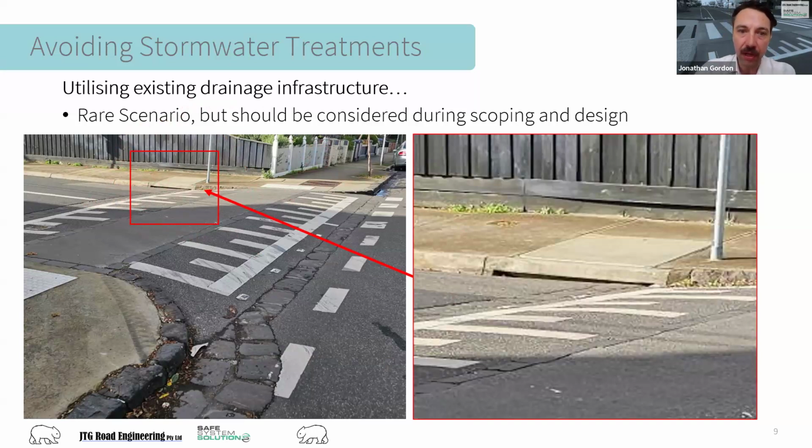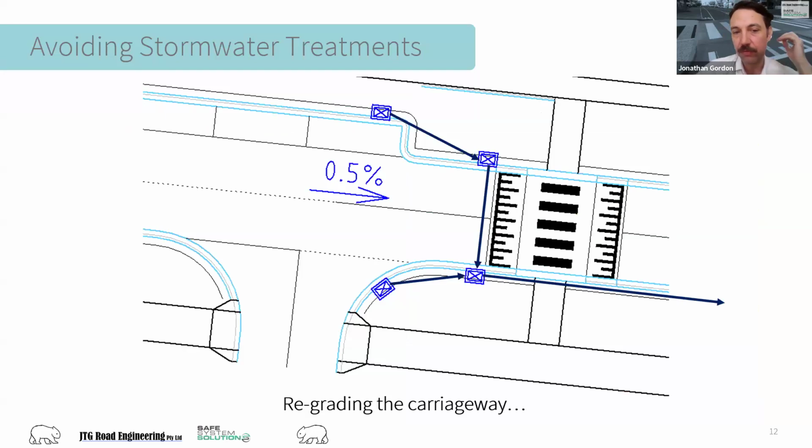So moving along into, again, avoiding stormwater solutions, there's other opportunities in our projects, and these are in the more full reconstructions, new road environments. But an option such as this, where we have a side entry pit on a side road at a low point, and that's required because otherwise water would just pond there. The side entry pit, again, in a parking bay potentially, and this road environment, just as an example, it's flowing at 0.5% in this direction.